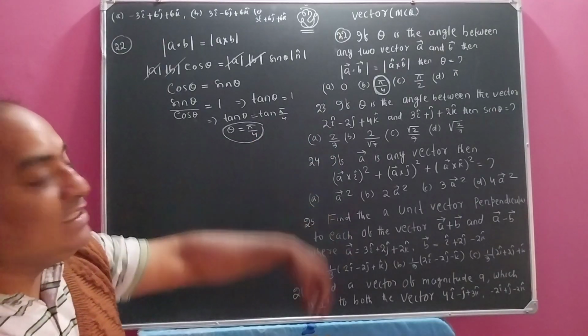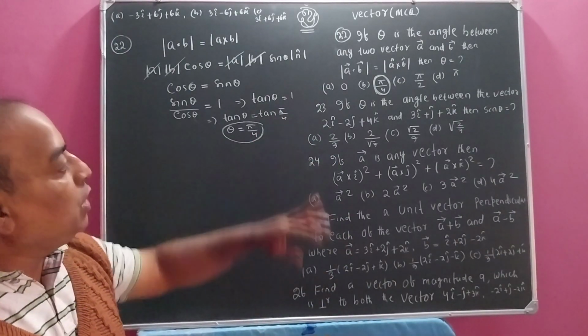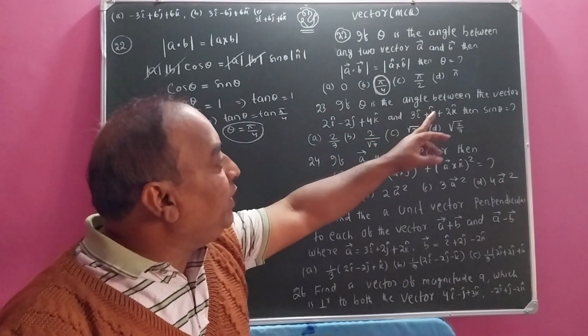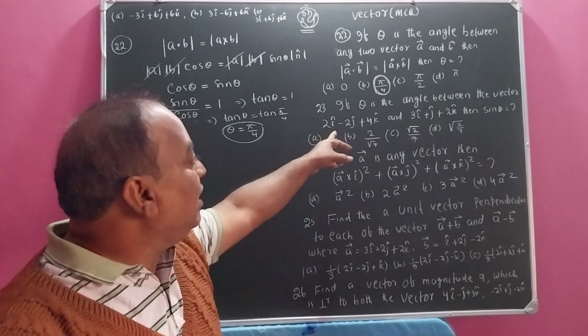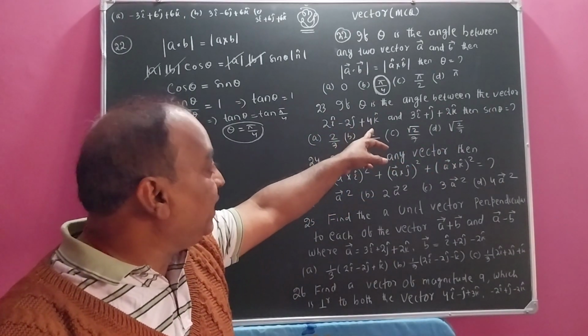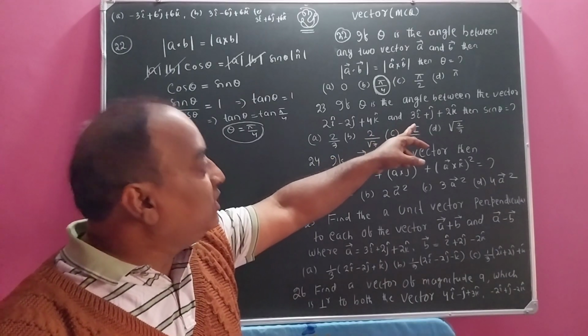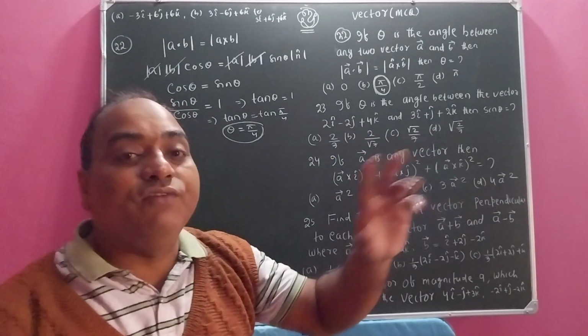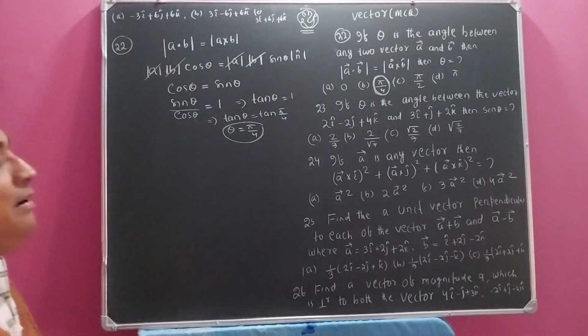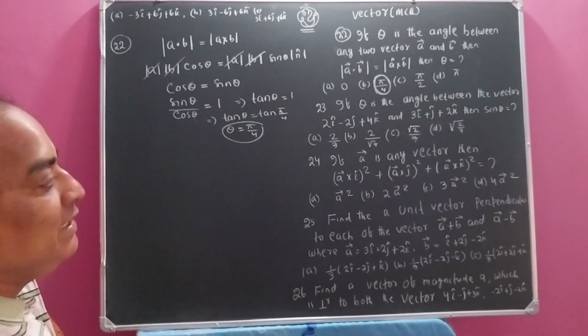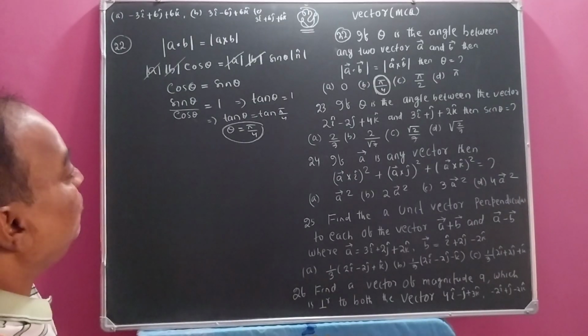Now we are going to discuss question number 23. If theta is the angle between the vectors 2i cap minus 2j cap plus 4k cap and 3i cap plus j cap plus 2k cap, then what is the value of sin theta? First of all, we have to find cos theta, then you have to find sin theta.